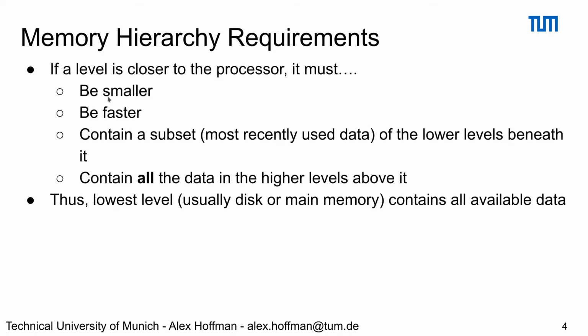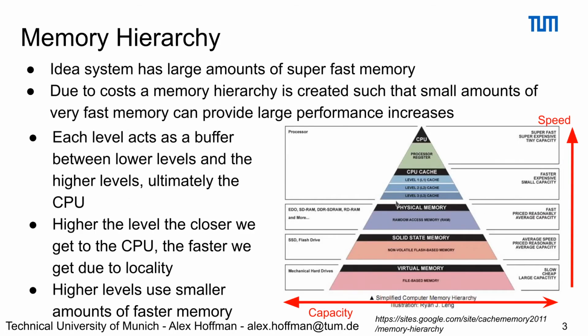Let's have a look at physical memory. You have a program on your SSD, and you want to load this program and execute it. This program will get loaded into RAM. So the subset of your SSD, which is the program, will now be contained inside RAM.